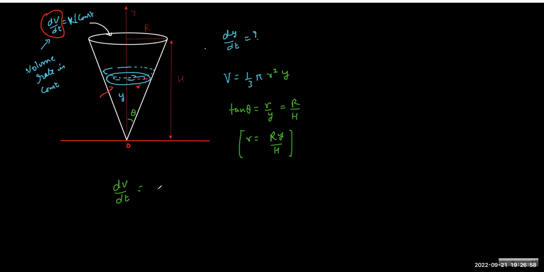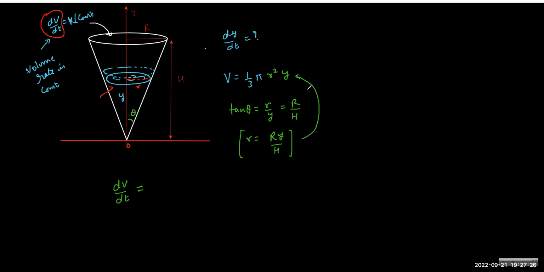1/3 pi r square upon h square into 3y square. Okay, you need to say capital R square. Actually, dV by dt is equal to pi capital R square upon capital H square into y square into dy by dt. The 3 gets cancelled. Yes, correct. Let me rewrite here.